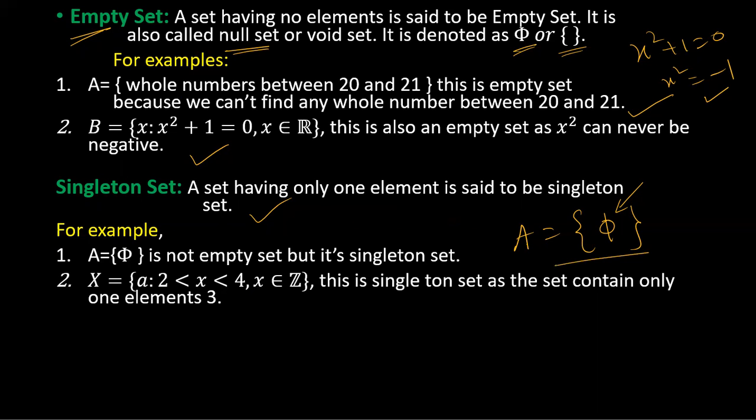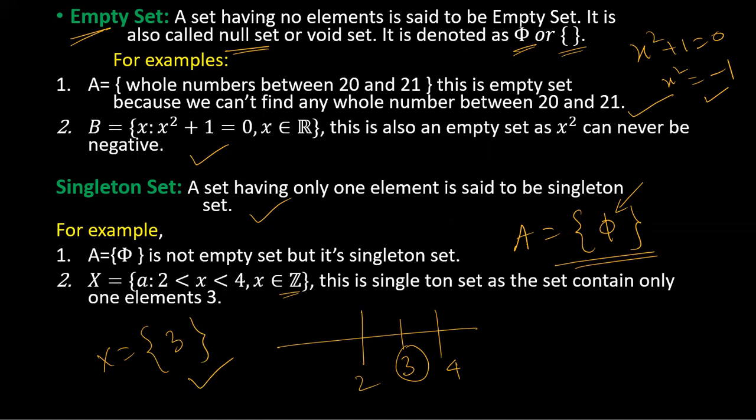So this is an example of a singleton set. Again, I have given another example, the integers between 2 and 4. In between the numbers 2 and 4, there is only one integer, 3. So X contains only one element, that is 3. So this is a singleton set.